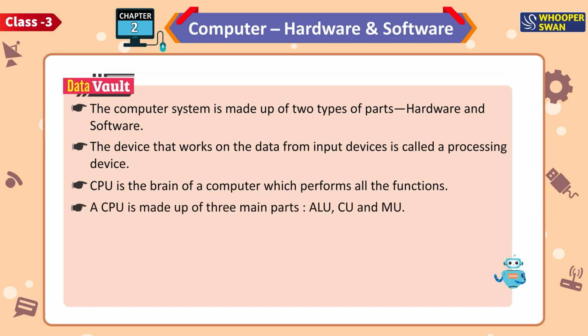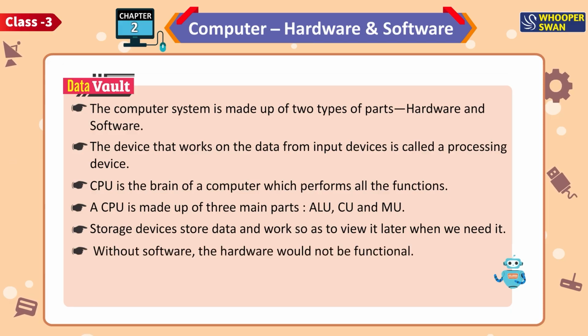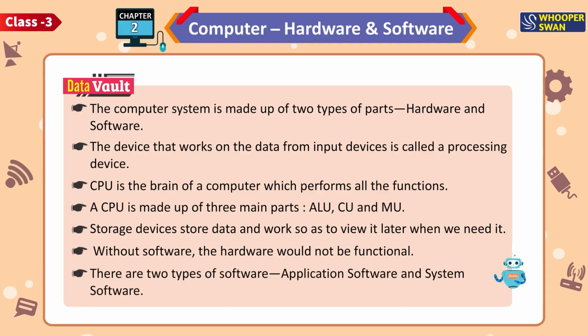A CPU is made up of three main parts, ALU, CU and MU. Storage devices store data and work so as to view it later when we need it. Without software, the hardware would not be functional. There are two types of software, application software and system software.